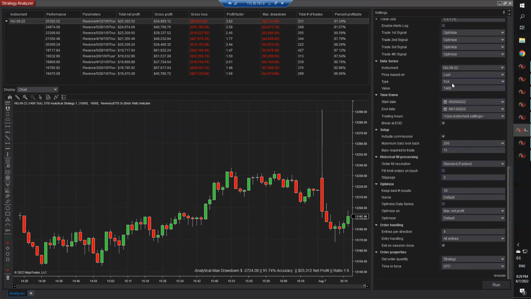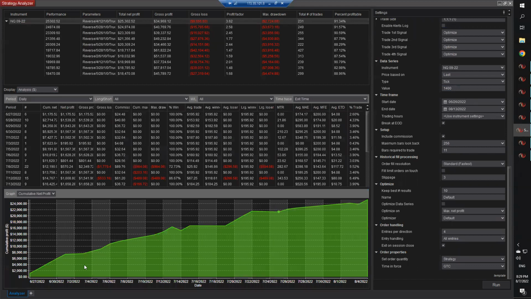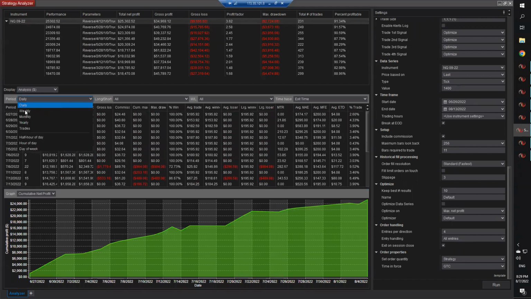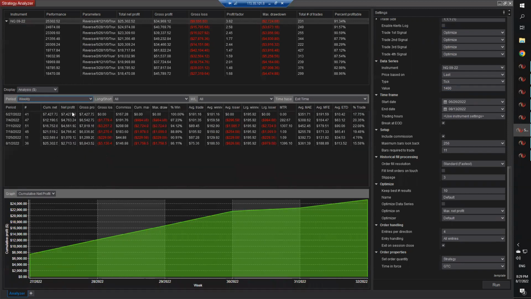And again, you can also optimize the size of the bar. So again, it's giving you the absolute best results over an extensive period of time, to be able to enter the market with extremely high percentage accuracy. Cool. So I thought I'll just cover that.